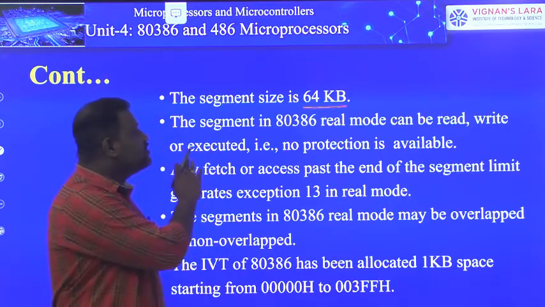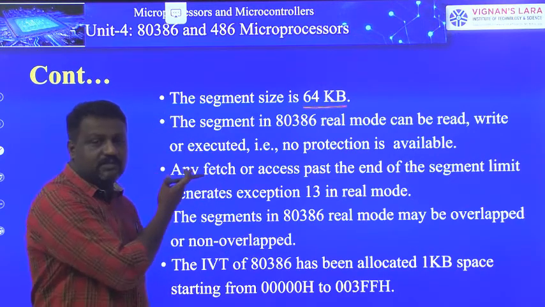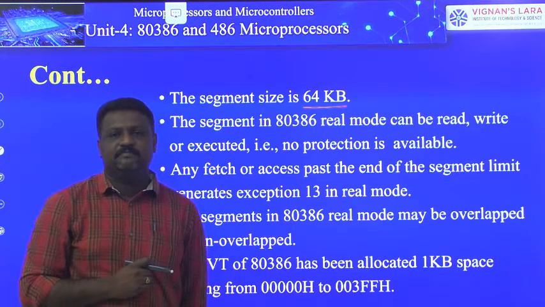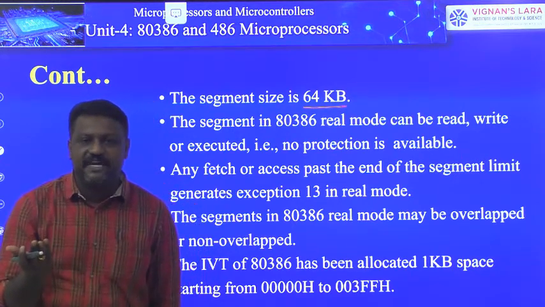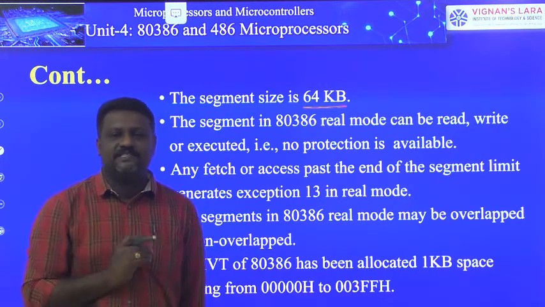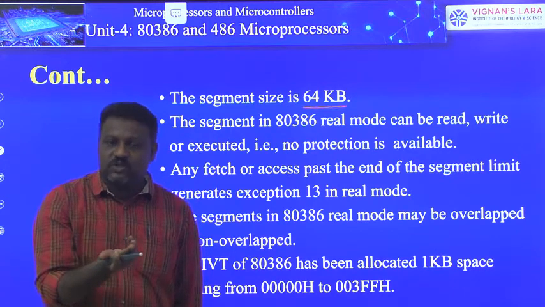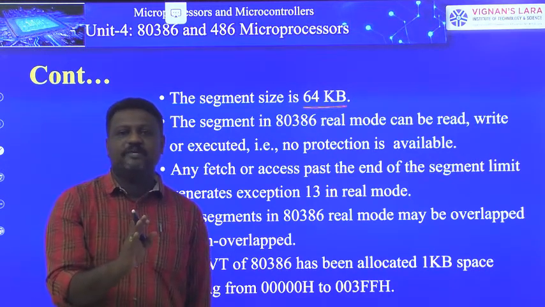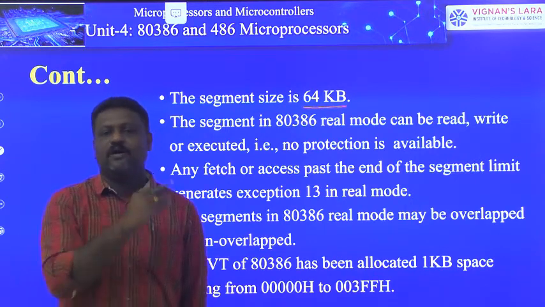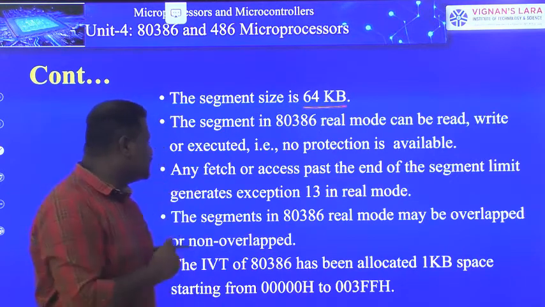Next, a segment in 80386 real mode can be read, written or executed; that is, no protection is available. No protection mechanism is available in real mode because it just acts like a fast 8086, and the 8086 has no protection levels. So in real mode there is no protection to read, write or execute information to or from a segment. That's the meaning of this.